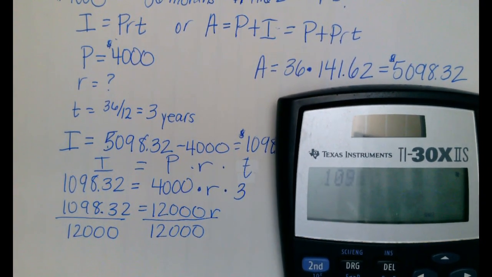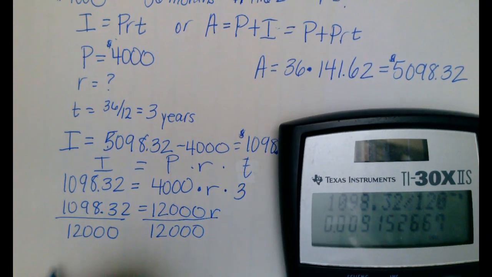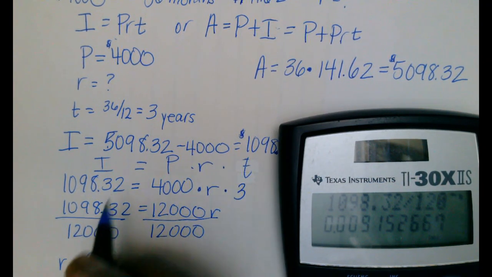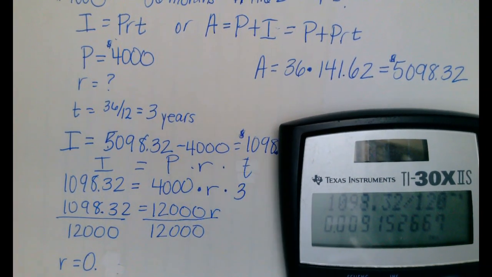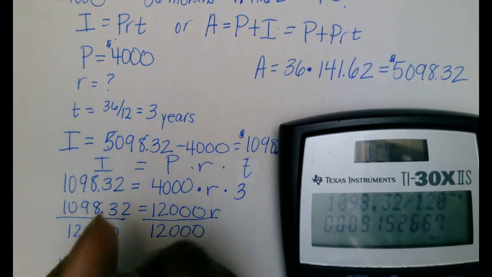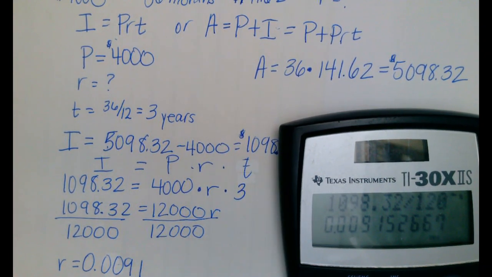So 1098.32 divided by 12,000. R equals 0.91, no, 0. It's a glare. 0.0091. 5.